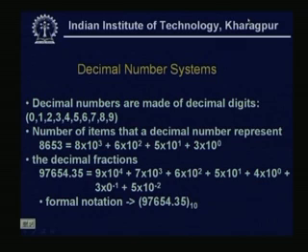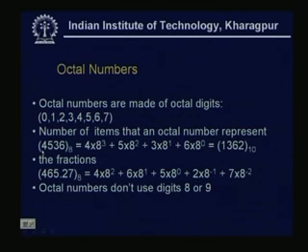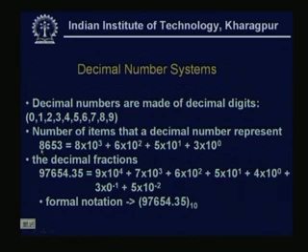Now, consider the number of items that a decimal number represents. Say one decimal number is 8653. This gives the positional value. 3 is the place of the unit, 5 is in the 10th position, 6 is in the 100th position, and 8 is in the 1000 position. So it is 8 into 10 to the power 3, which means 1000, plus 6 into 10 square, 5 into 10 to the power 1, and 3 into 10 to the power 0.